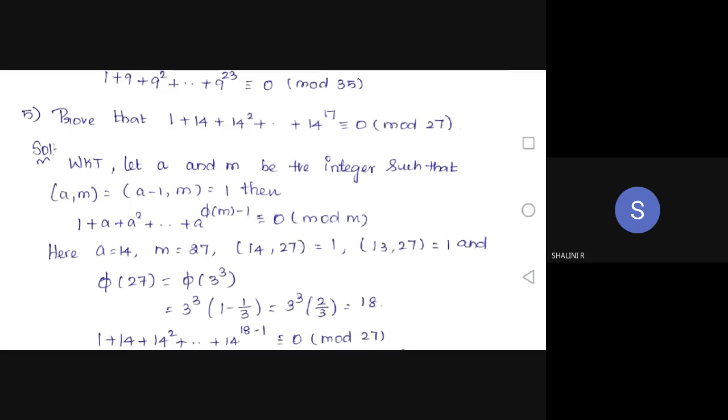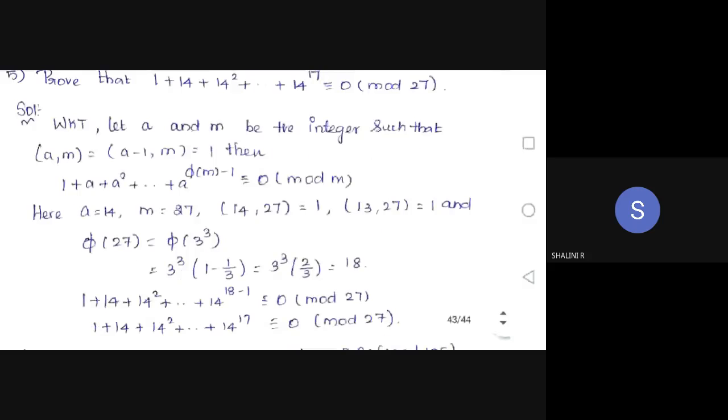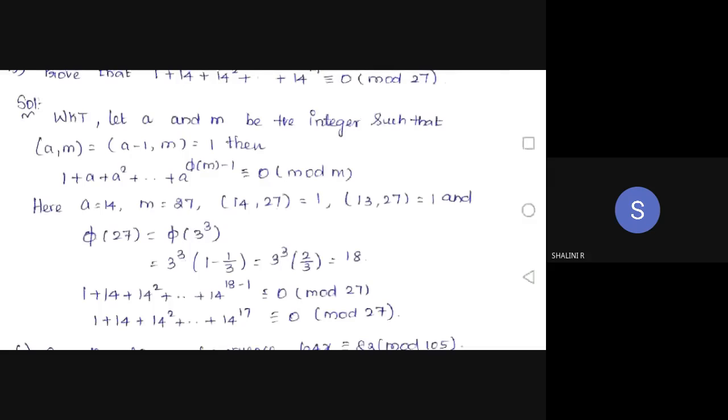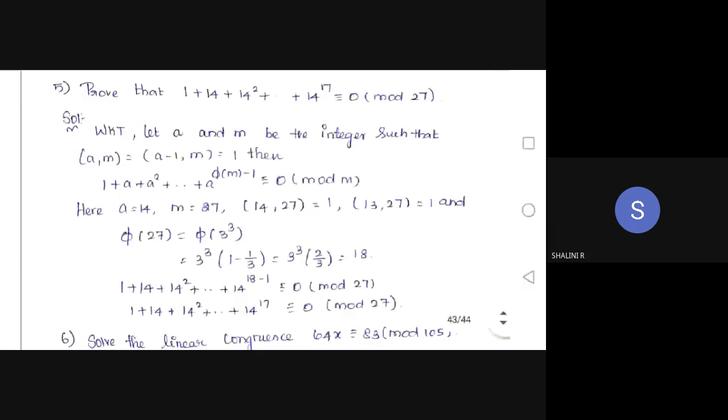But phi of 27 value is 18. So 18 minus 1, which is 17. So 1 plus 14 plus 14 square plus up to 14 to the power 17 is congruent to 0 mod 27. Okay.